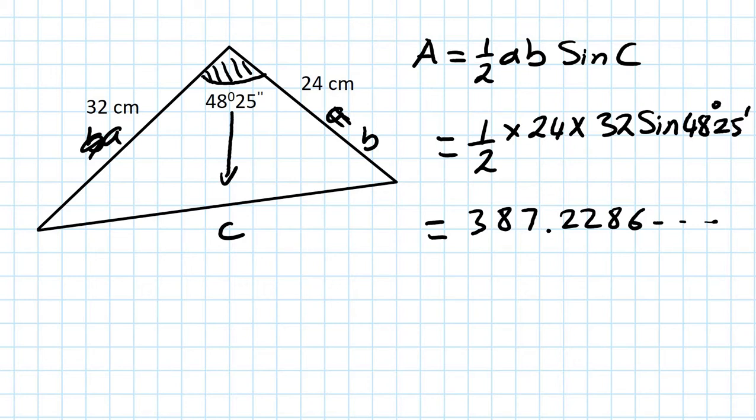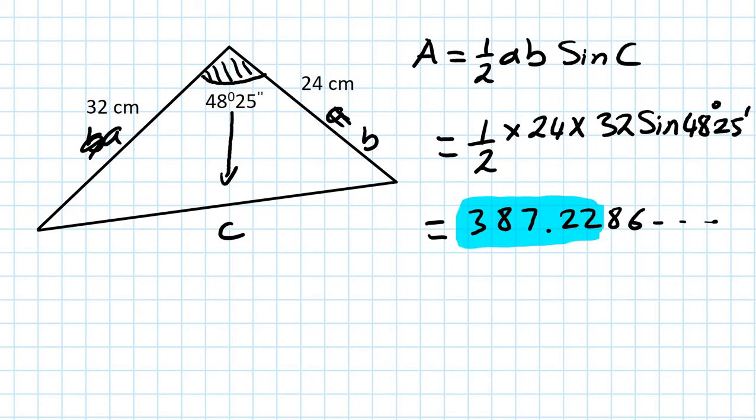So you can round it to 1 decimal place or 2 decimal places. It doesn't really matter, but at least write it with appropriate decimal places. In this case, I want to round to 2 decimal places, so I write up to here. 2 decimal places means 2 numbers after the decimal point.